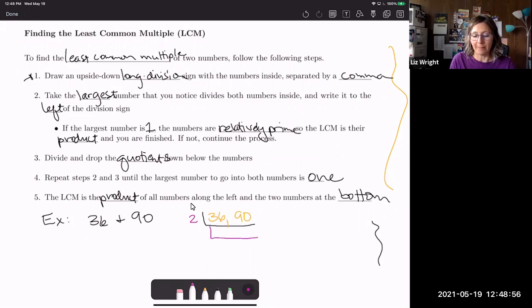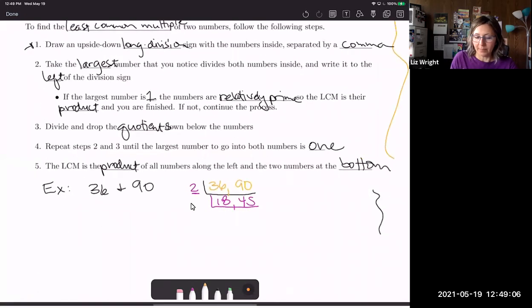So then we keep going and we say, well, 36 divided by 2, that's going to give me 18. And then 90 divided by 2 gives me 45. And then I drop that down and it says, we're at this stage now, divide and drop the quotients below the numbers we started with. We repeat steps 2 and 3 until the only common factor in both of these 2 numbers is 1.